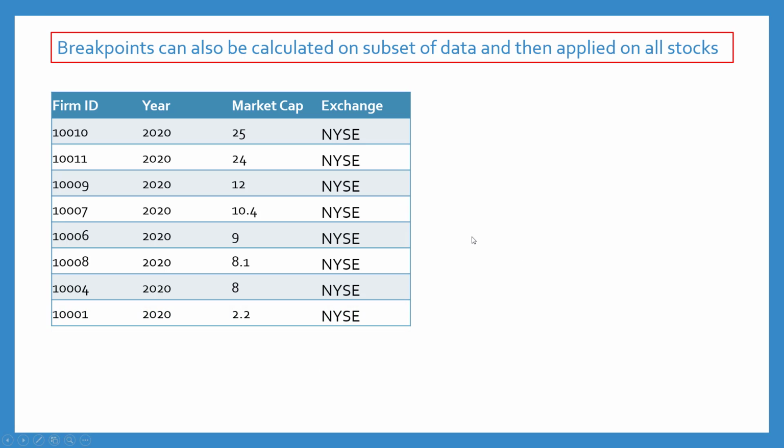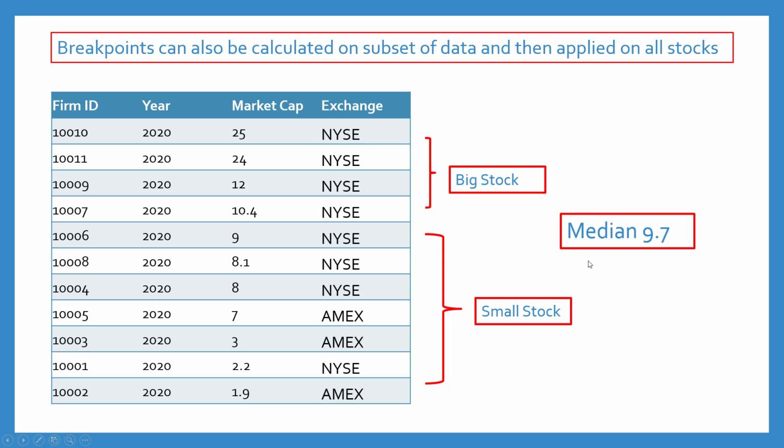So in this case, we would just calculate the breakpoint on the stocks listed at the NYSE, which happens to be 9.1. Now we take all these stocks, including Amex, and take that 9.1 median that we had calculated just for NYSE and apply it to all the data. So the breakpoint can be calculated on a subset of the data and applied to all the data.